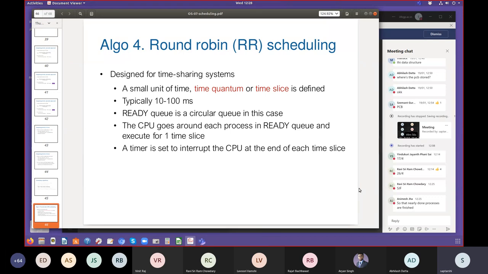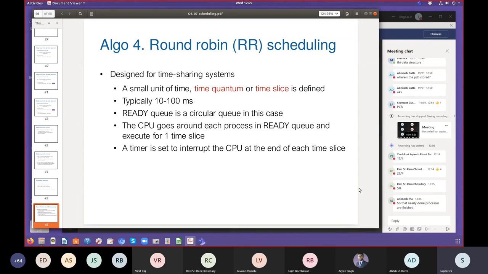And there is a timer which is set to interrupt the CPU at the end of each time slice. So this is exactly what we have been discussing throughout this course before the scheduling topic. There will be a timer, and the kernel will set it and then give the CPU to one process.